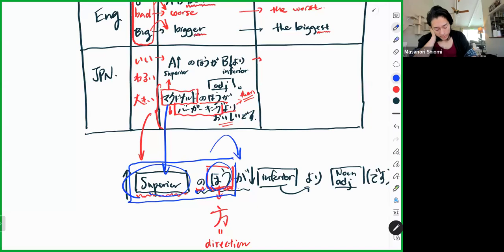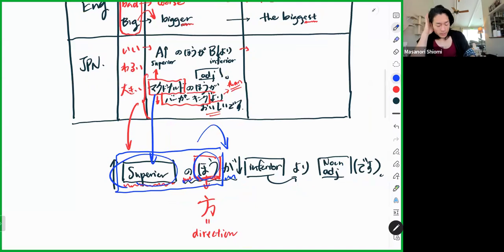The particle got is. The direction of McDonald's is. And then this one, like I said earlier, Yori does have a good translation in English, and that is "than" when comparing.